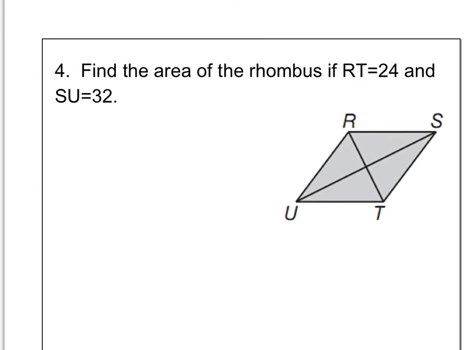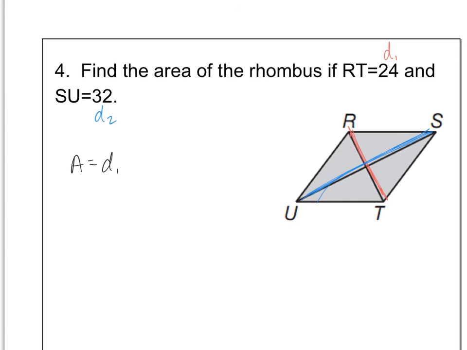Number 4, find the area of the rhombus if RT is 24 and SU is 32. Well, RT goes all the way across, so that can be our diagonal 1. And SU goes all the way across, so that can be our diagonal 2. So I think we have everything we need.